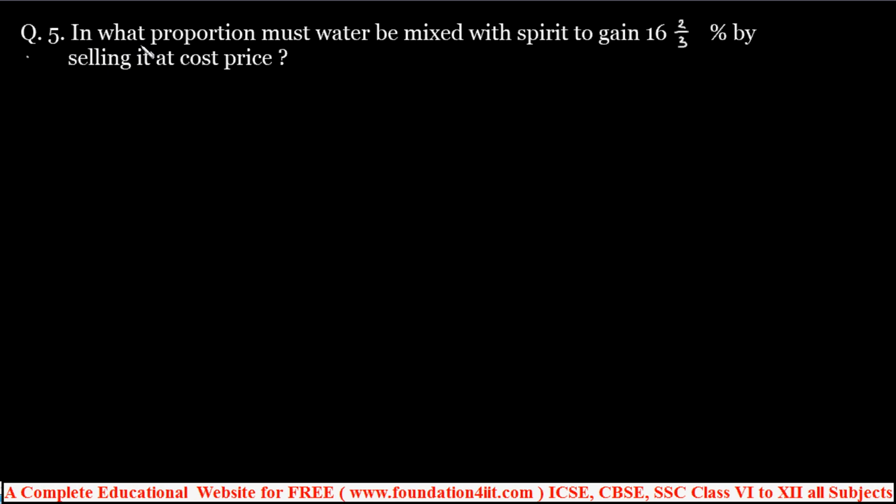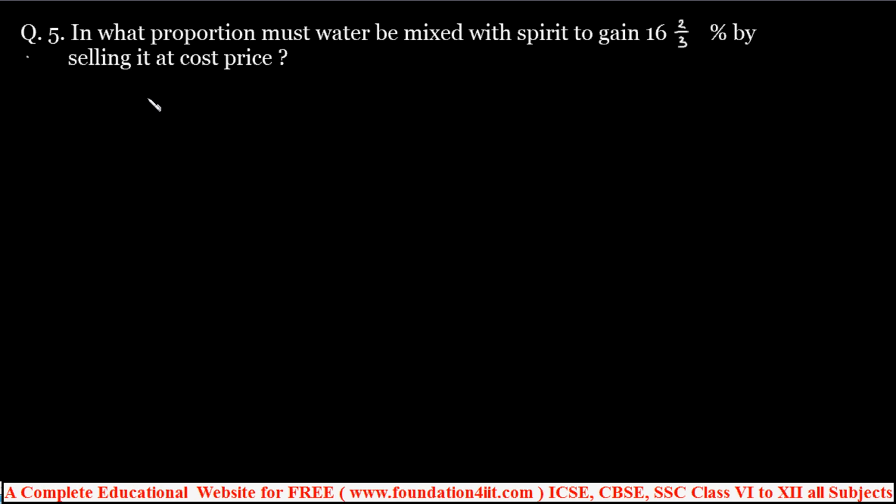Here is, in what proportion must water be mixed with spirit to gain 16 2 by 3% by selling it at cost price? Okay, so let me start with, let cost price of the spirit be rupees 1. Okay, let me take rupees 1, because you need to find out proportionally the ratio.